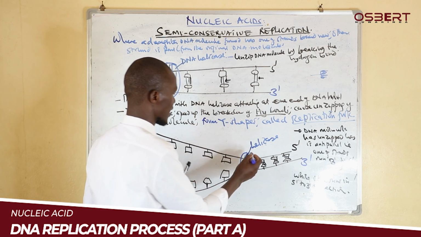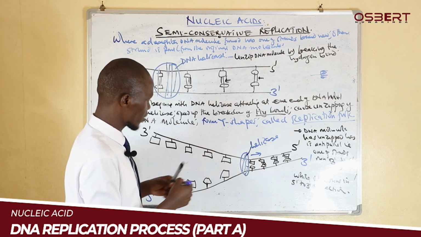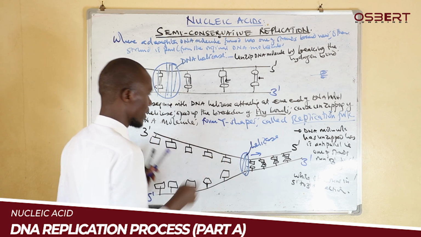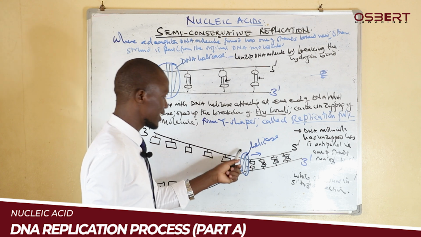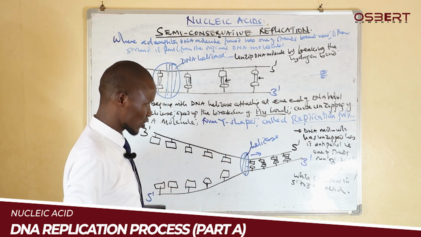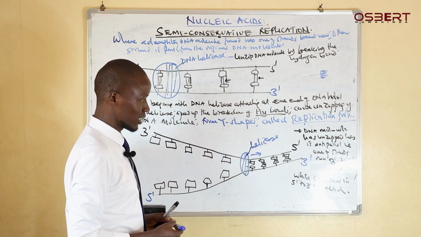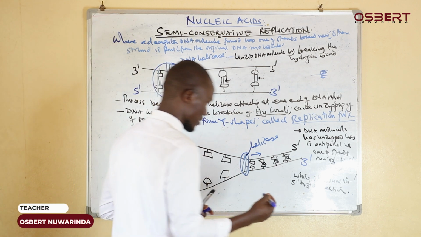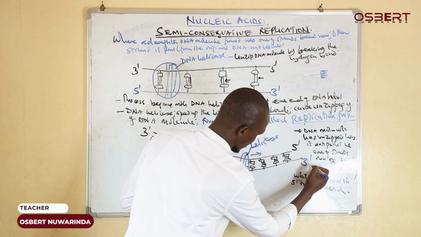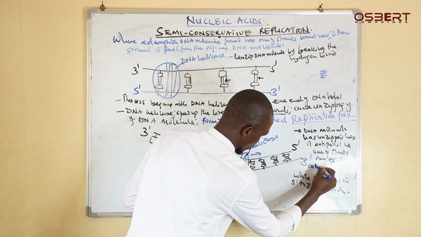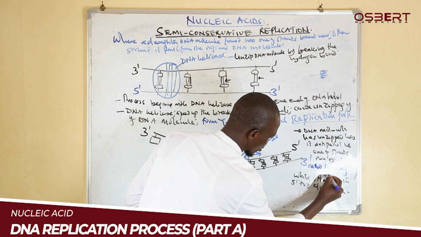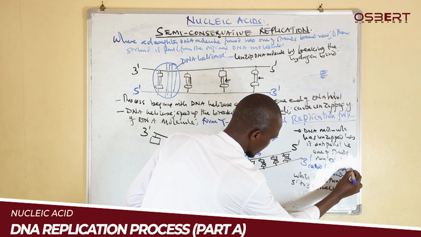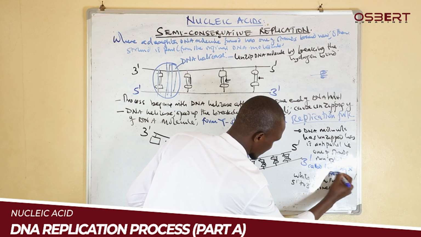So this structure, which is moving 3 prime to 5 prime with respect to how DNA helicase is moving, we refer to it by a name, and that strand is called the leading strand. We call it the leading strand. Please take note of that seriously.